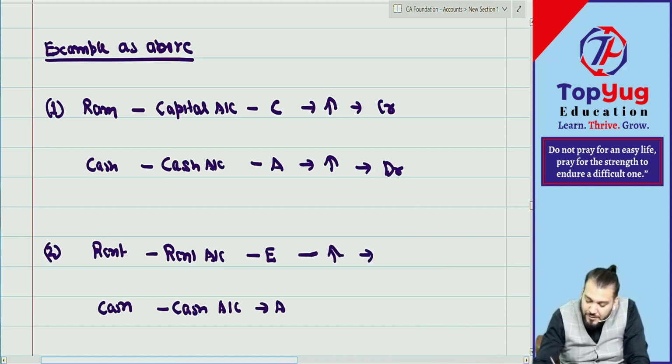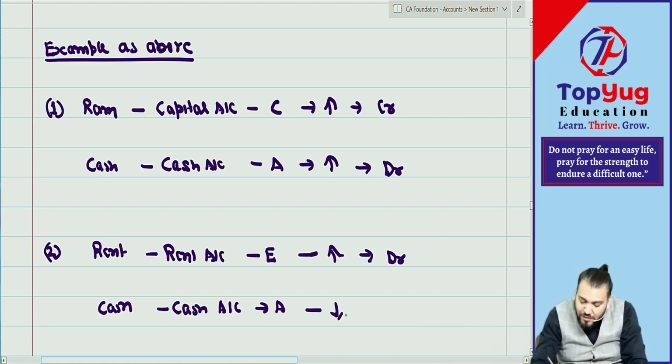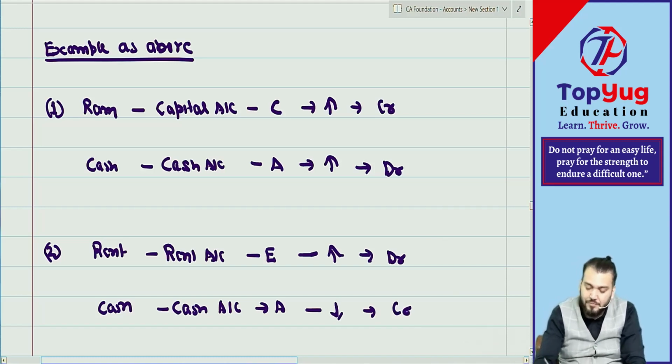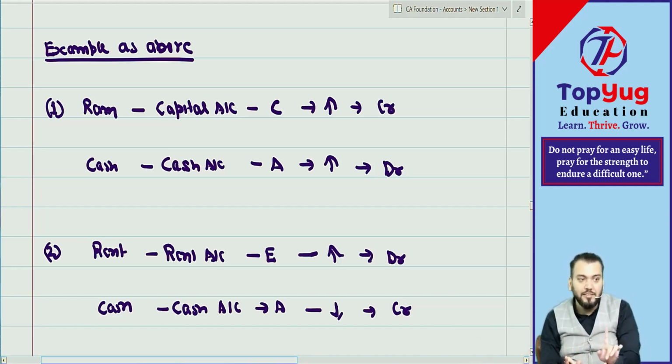Increasing. Increase in expense will be debited. This cash, is it increasing or decreasing? You are paying it now. Cash is paid, going out. That is a decrease. So decrease means what? Credited. Understood? Same thing, and the result is same.